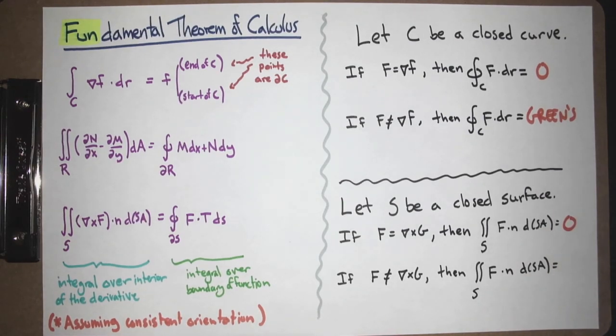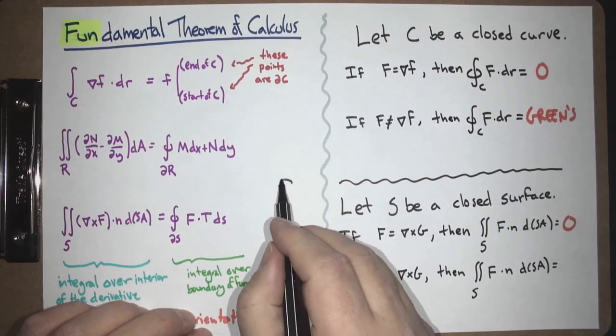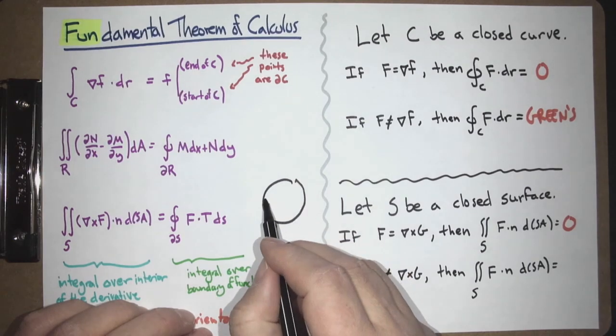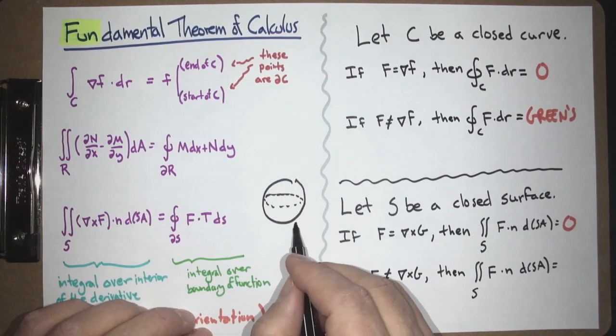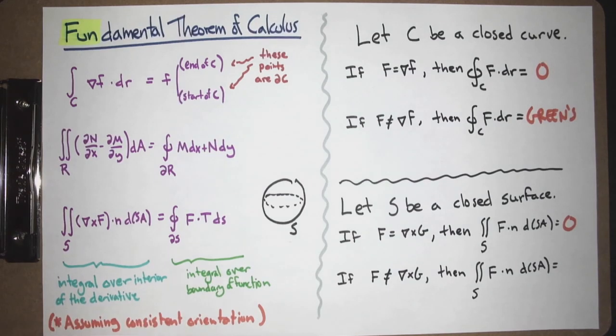So one way you can think of it, what's an example of a nice closed surface that we all are comfortable with? Let's think of a sphere. So here's S, our surface. Now it doesn't have a boundary, so you know what we can do? We'll just add a little boundary. Here's our boundary. It's a surface where it has a single point as boundary. Why not?